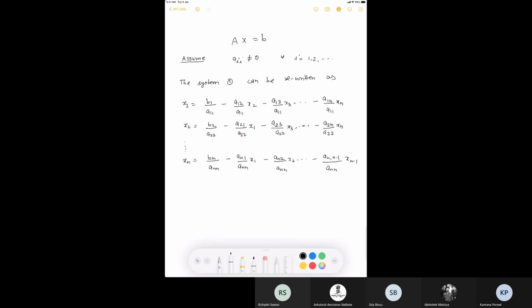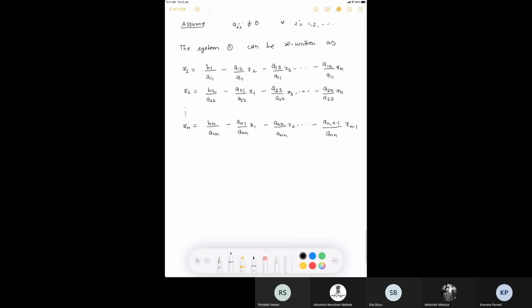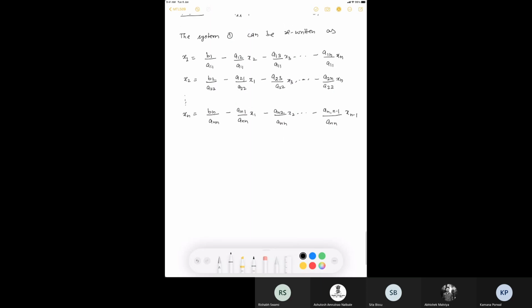Okay, so if you try to see what this system is in matrix form, on the left hand side we have the vector x. Let's call this new system 2 in the matrix form.